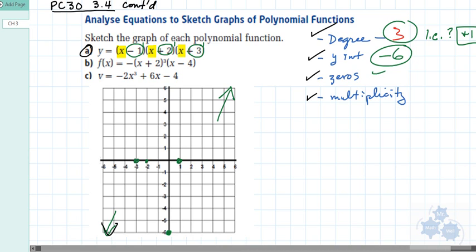So we know it starts down here, and it comes and it crosses this intercept. Just a simple cross. Now it has to cross at this intercept too, so we don't know how high it goes, but you know that it bends back down and goes through negative 2. See that? Now how far does it go down here? Well, we know it goes down to at least negative 6 here.